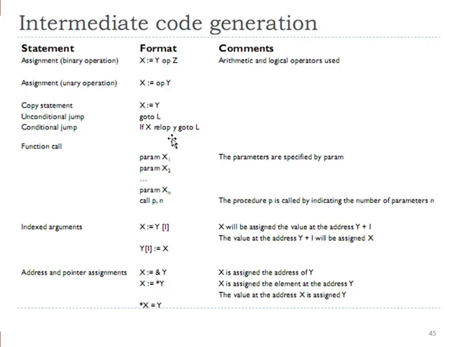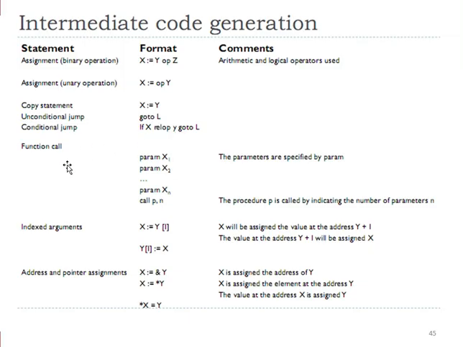If this condition is true, then we let the flow of execution jump to label L. This is conditional jumping, because the jump is done only if the condition X relational operator Y becomes true.